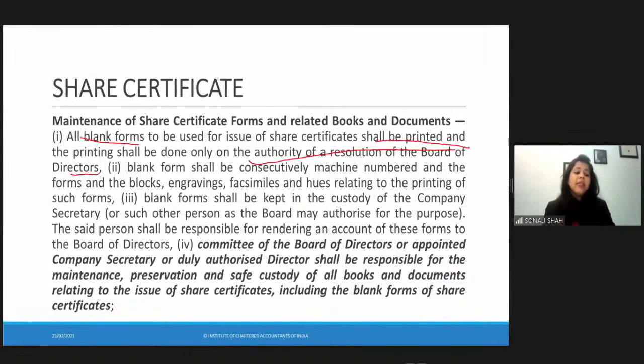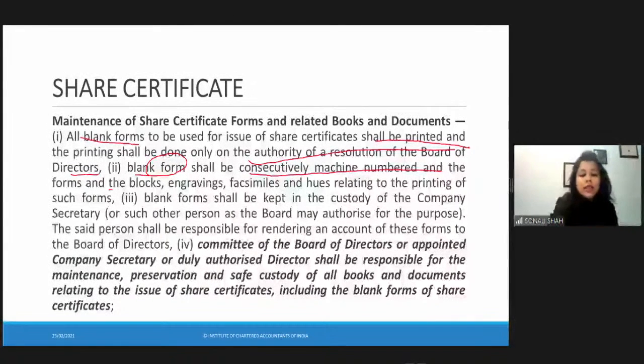So we know that share certificate has to be issued in form SH1. These forms have to be printed, and the printing has to be done on the authority of the resolution of the board of directors. Further, the blank forms have to be numbered serially.